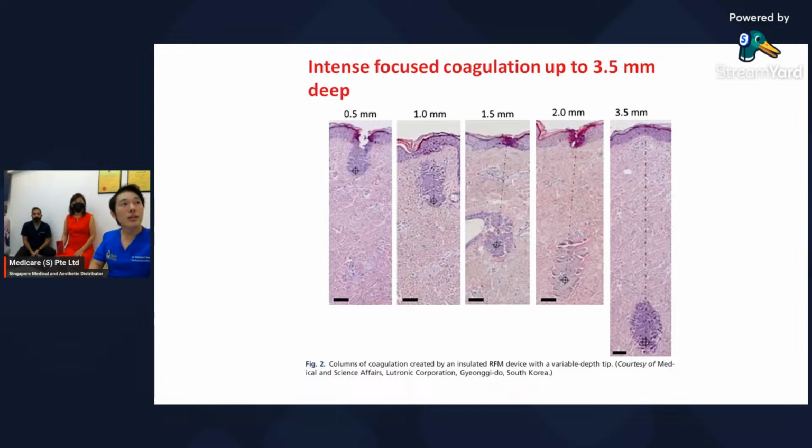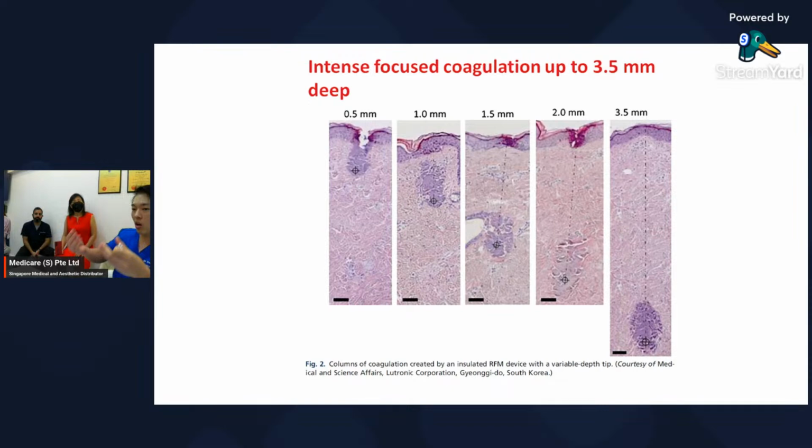Okay, so this is what it looks like. A skin biopsy. This was a study that did a skin biopsy in abdominal skin. So basically, you get this pattern of sub-ablative heating, where the existing collagen is tightened.